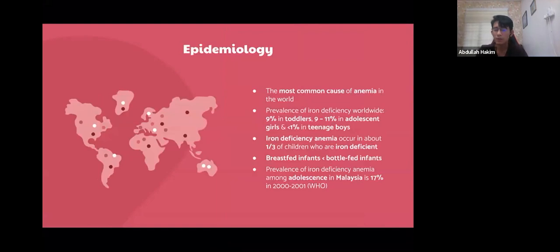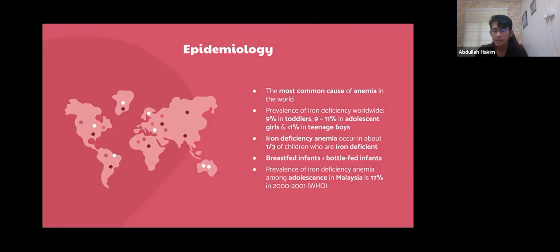So, epidemiology of iron deficiency. It is the most common cause of anemia in the world. The prevalence of iron deficiency worldwide is 9% in toddlers, 9 to 11% in adults and girls, while less than 1% in teenage boys. Iron deficiency anemia occurs in about 1/3 of children who are iron deficient.